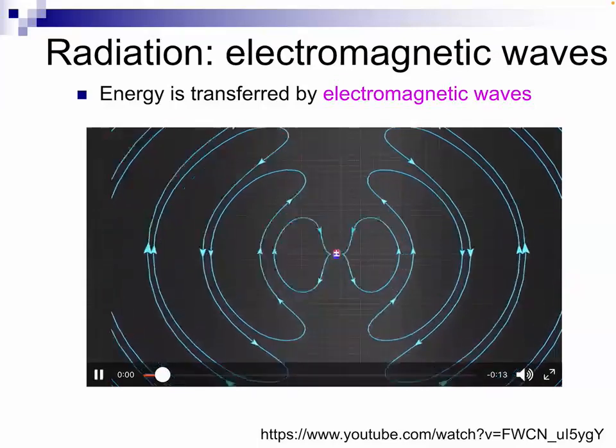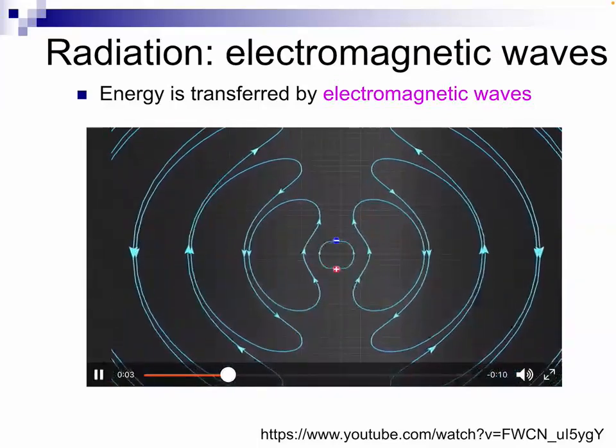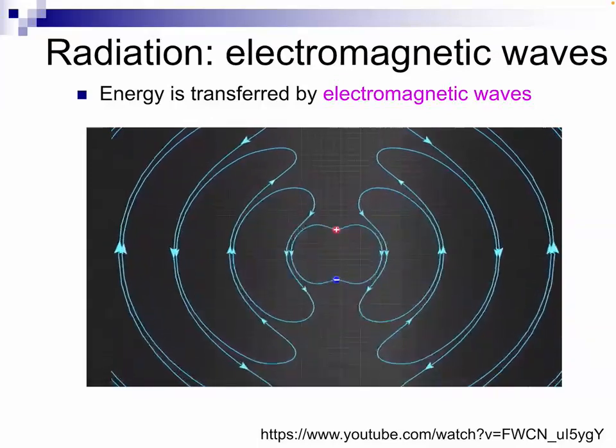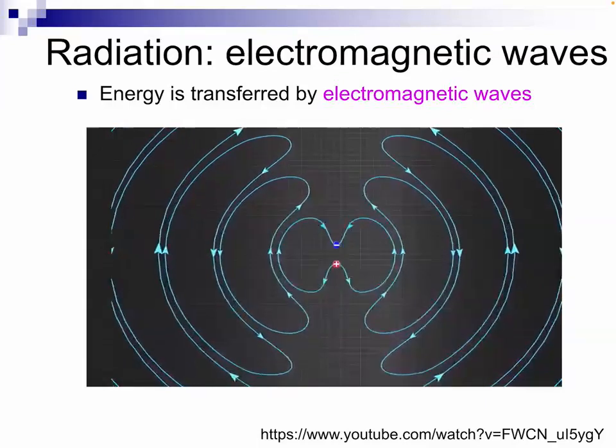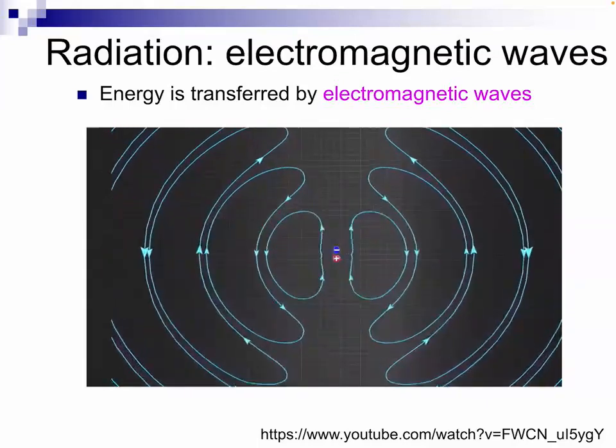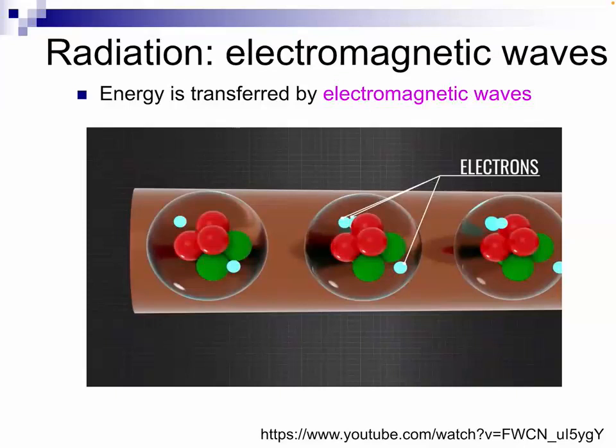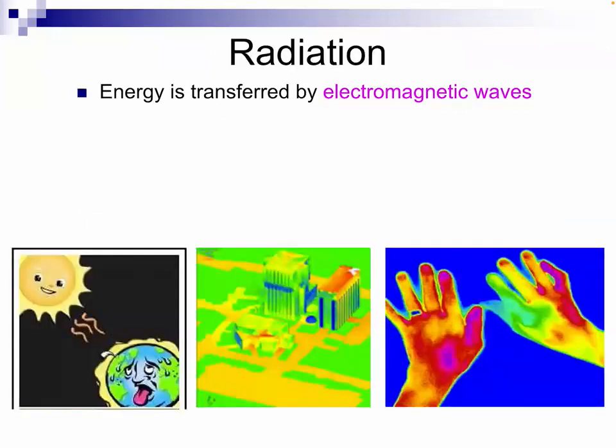And if protons and electrons move, like in a vibrating atom, they create electric fields and magnetic fields. And when electric fields and magnetic fields propagate, we call them electromagnetic waves. So the atoms containing the electrons and protons are, of course, inside the material. And it's through the propagation of these electromagnetic waves that energy is propagated from the material which contains the vibrating atoms to the environment or to different materials.